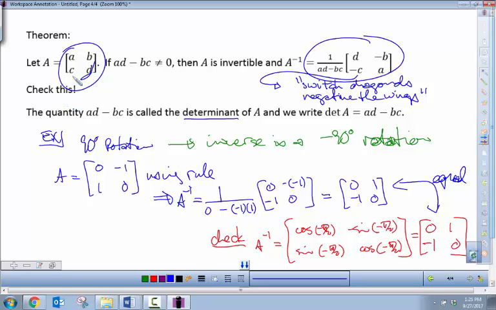To prove this, if A was equal to A, B, C, D, and then A inverse is equal to this, then if you multiply that, you should get the identity.